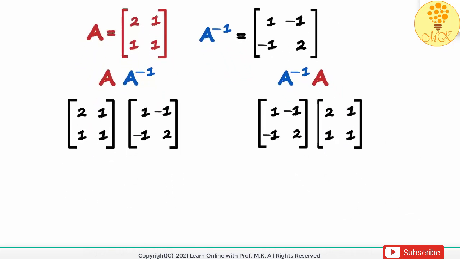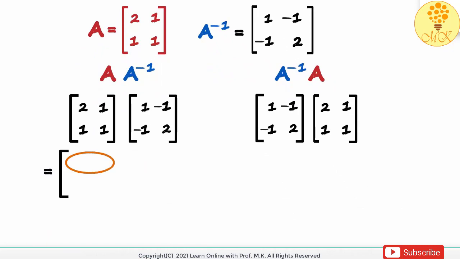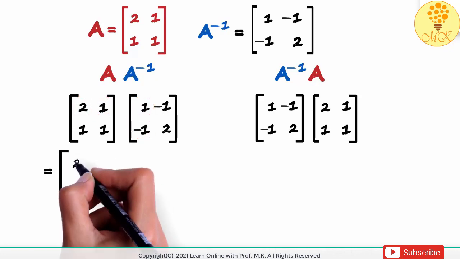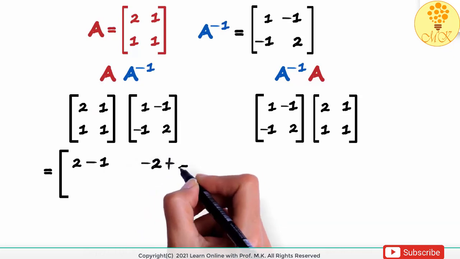We start off by finding the product on the left. What will be the 1/1th element? It will equal the product of the first row with the first column. 2 times 1 plus 1 times -1. 2 minus 1. For the 1/2th element, we multiply the first row with the second column. 2 times -1 plus 1 times 2. We get -2 plus 2.